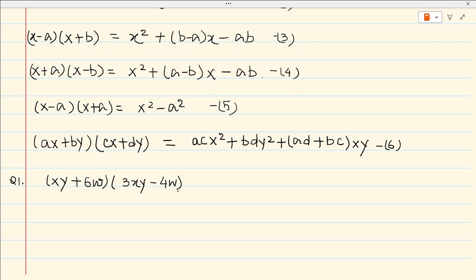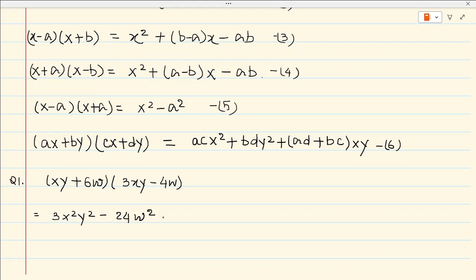The question will use some identity. Simply, first with first, it will be 3x square y square, plus last with last, 6 fours are 24, so 24 w square.